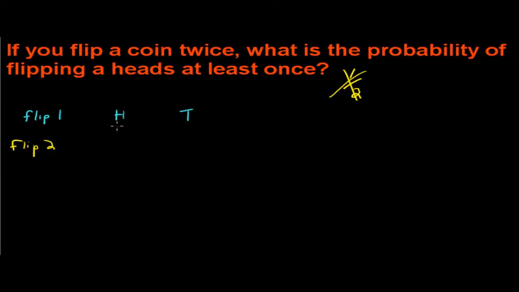Now, if I flip heads the first time, I could flip heads or tails the second time. Or if I flip tails the first time, then I could still flip heads or tails the second time. Okay, so there are 4 possible outcomes from this.